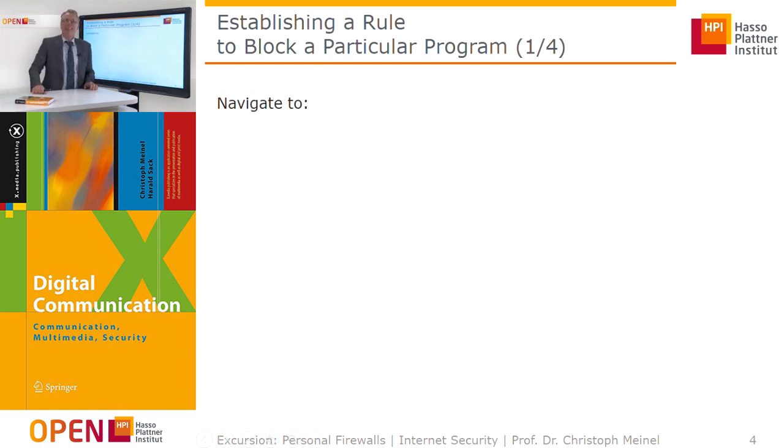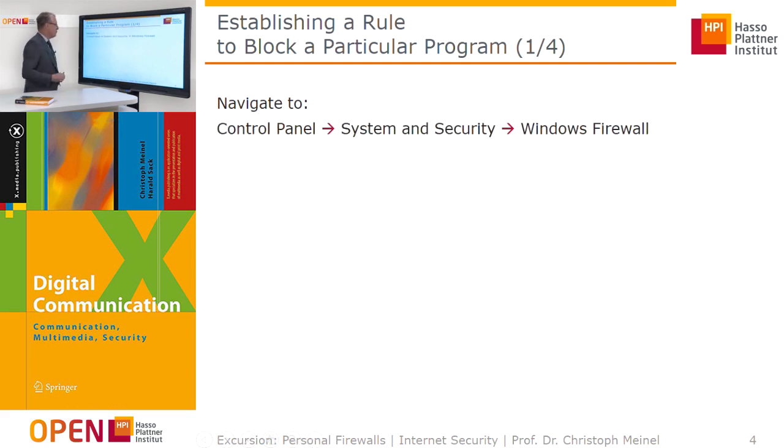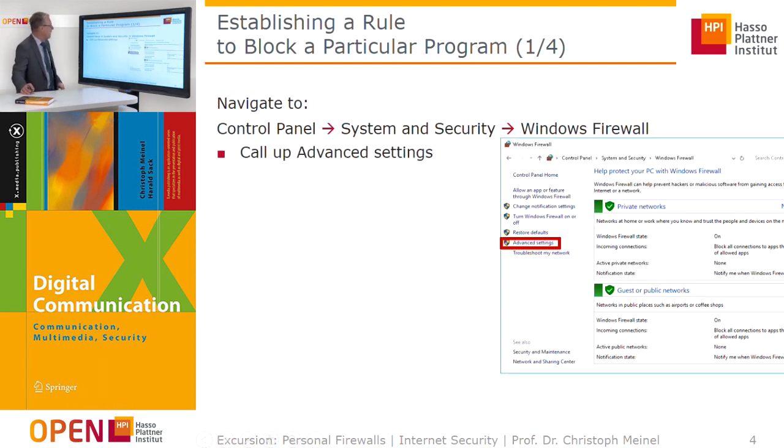For example, how to establish a rule to block a particular program. For this application, you should navigate to Control Panel, System and Security, to Windows Firewall, and then call up Advanced Settings. Here are the Advanced Settings.